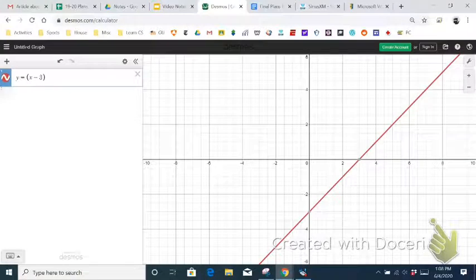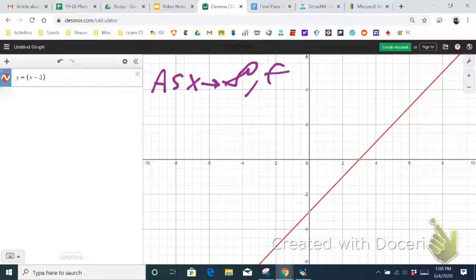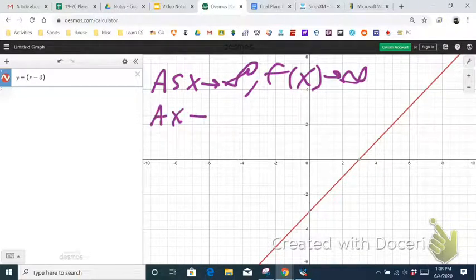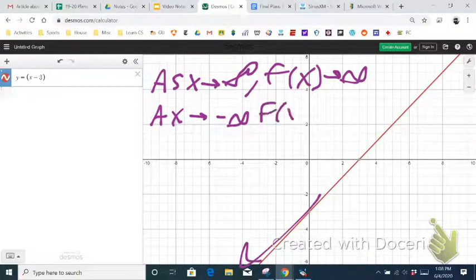Okay, so let's look at y equals x minus 3. It has a positive slope of 1, so you see that as x increases, y increases. The end behavior for this would be as x approaches infinity, y approaches infinity as well. And as x approaches negative infinity, f of x approaches negative infinity as well.